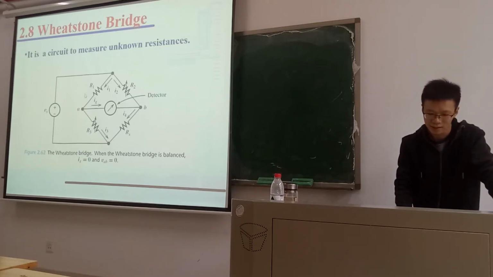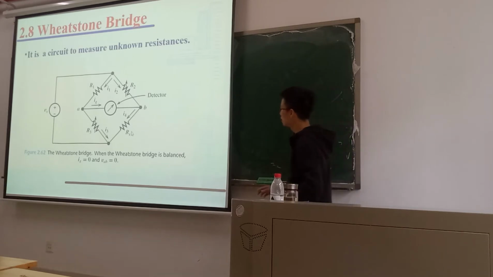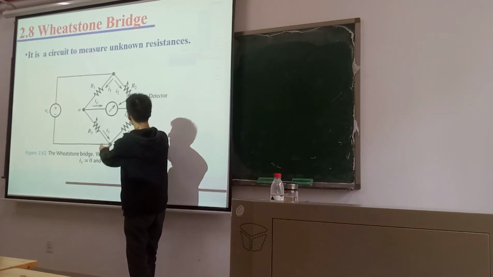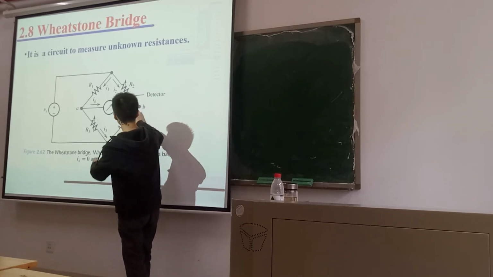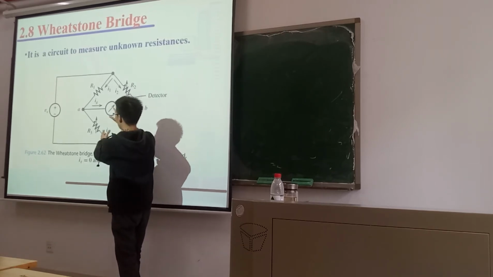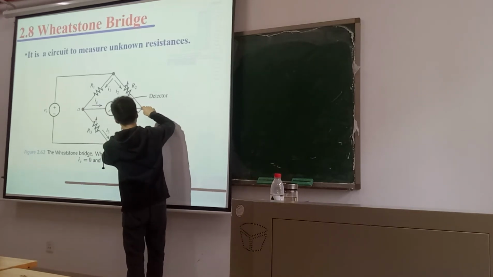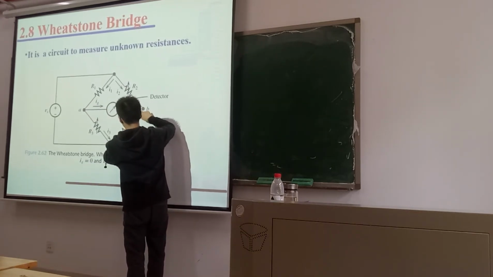That is, this is the Wheatstone Bridge, and we don't know the Rx. If we want to measure the value of Rx, we use this bridge, and this is a device we take these points.